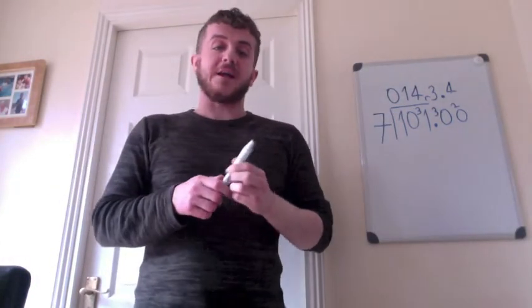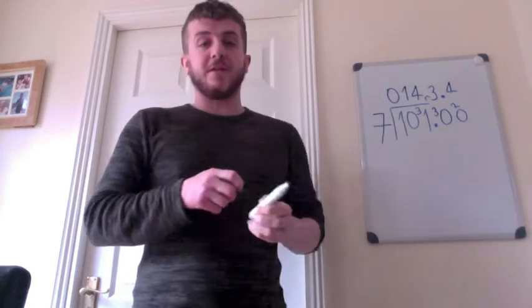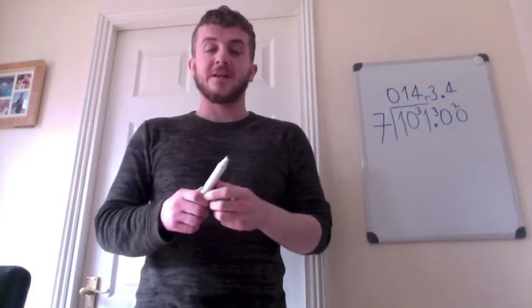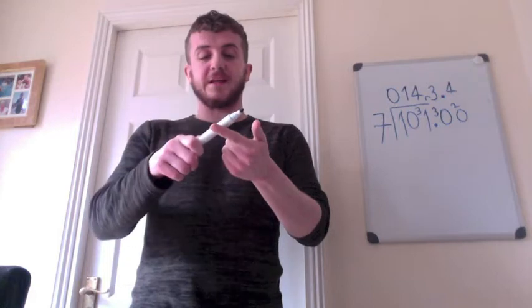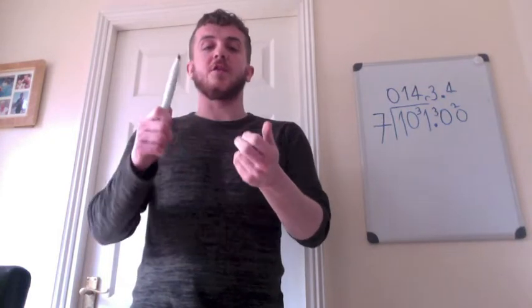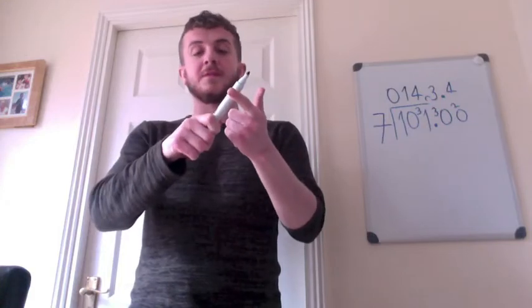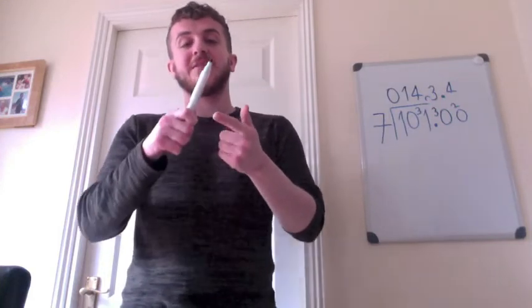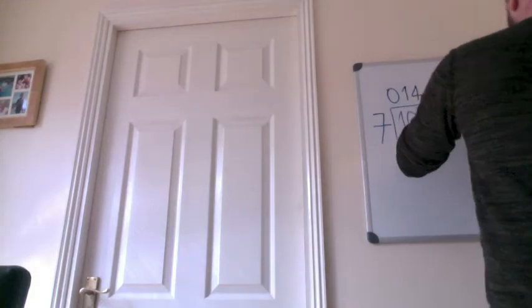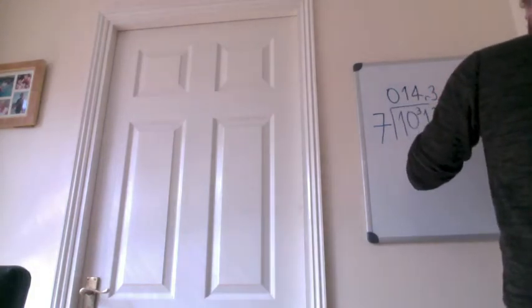The next step. How many 7s go into 20? 7, 14, 21. Too much. So 7, 14, 2 times, with a remainder of 6. Okay.